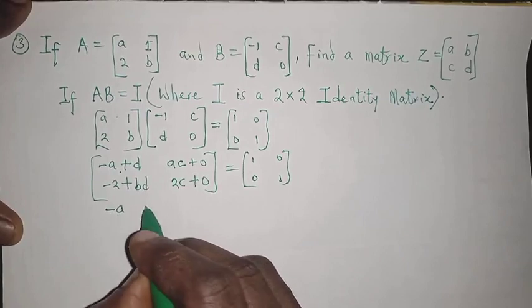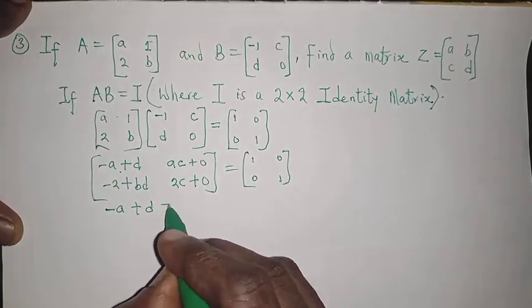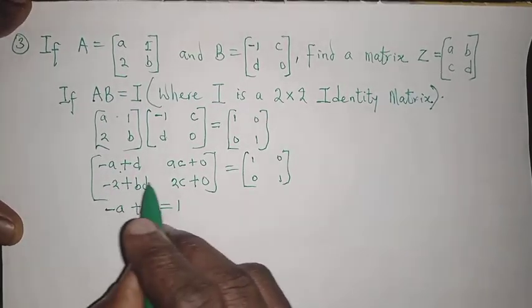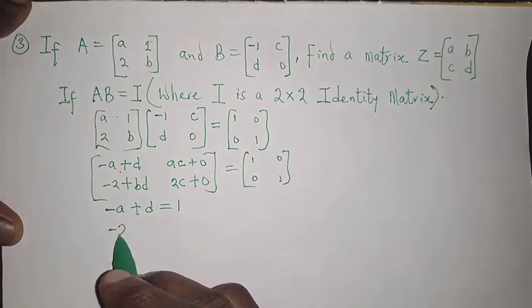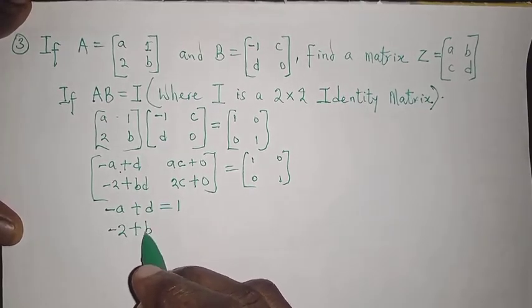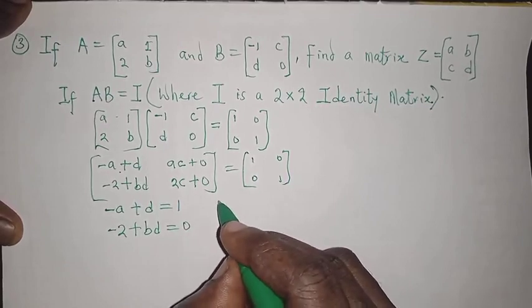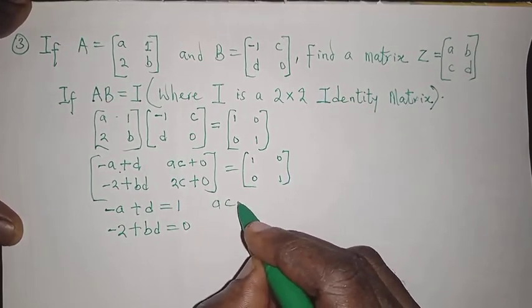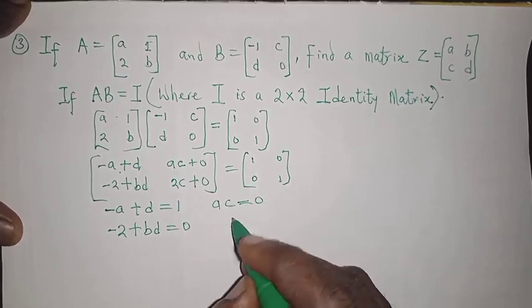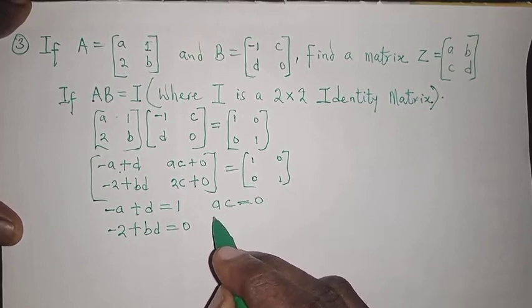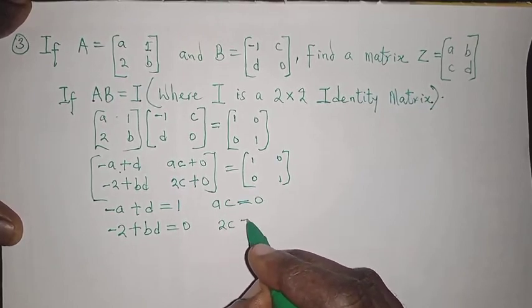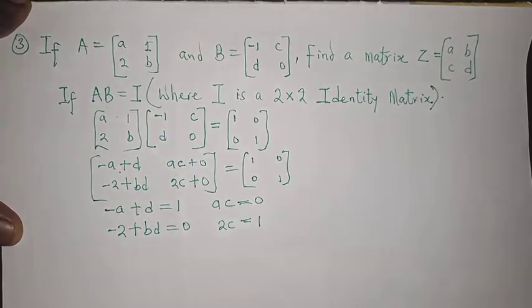So minus A plus D simply equals 1. Then minus 2 plus BD, sorry, equals 0. AC equals 0. 2C equals 1.